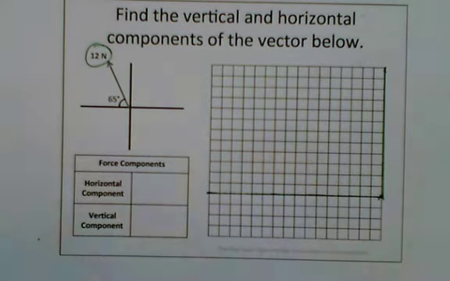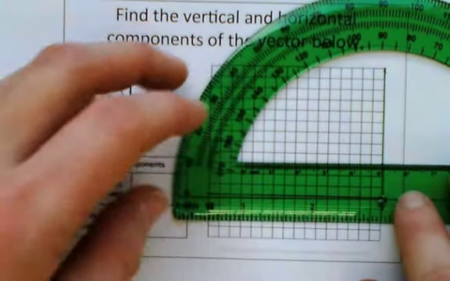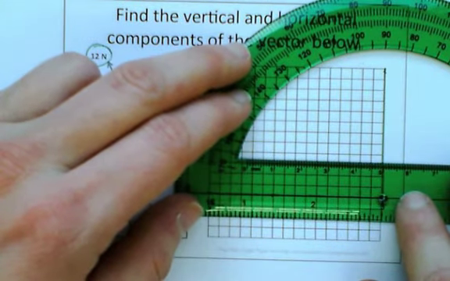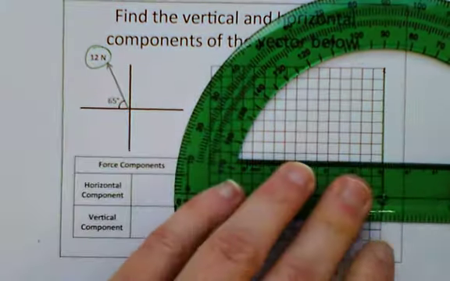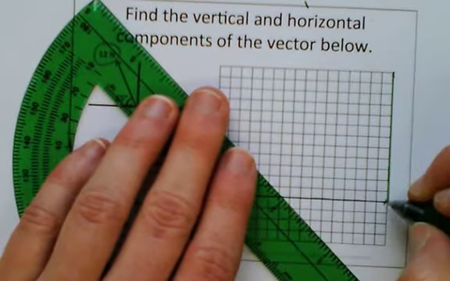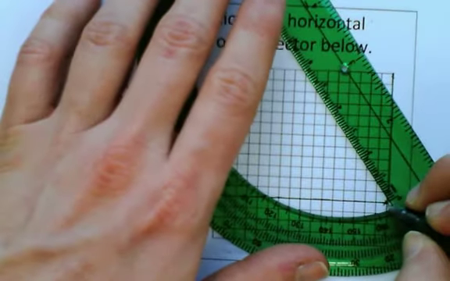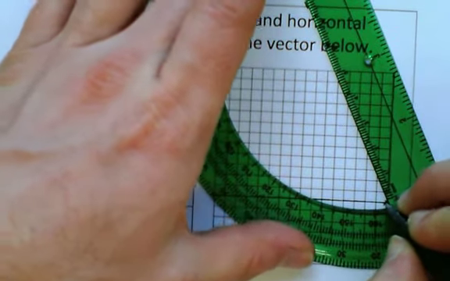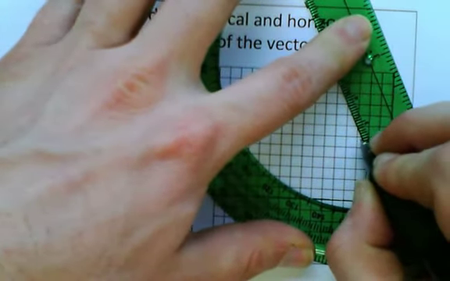I draw that at 65 degrees. First putting my protractor down. Finding the 65-degree mark. Putting the 0 down here. And then making it 2.4 centimeters long.